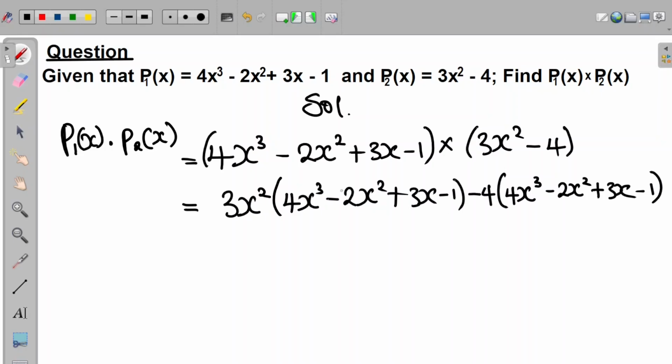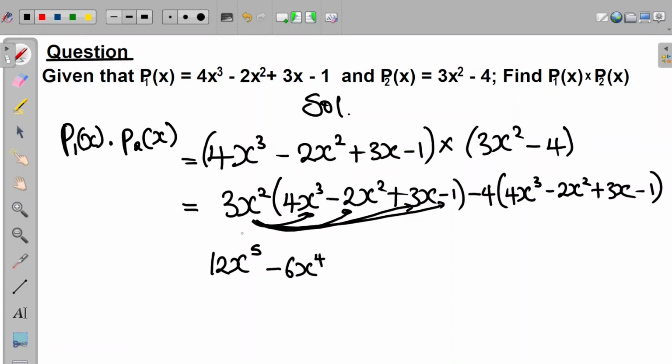Now at this point, let us expand the bracket. As usual, 3x squared will multiply 4x cubed, 3x squared will multiply 2x squared, 3x squared will multiply 3x, and lastly 3x squared will multiply negative 1. So this becomes 3x squared times 4x cubed is 12x to the power of 5. 3x squared multiplied by minus 2x squared is minus 6x to the power of 4.